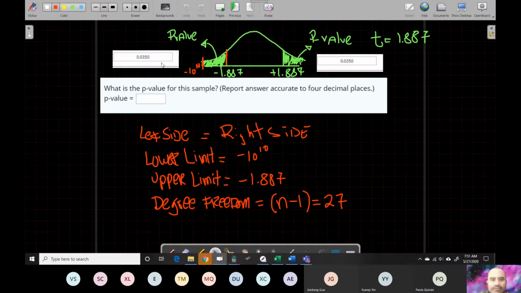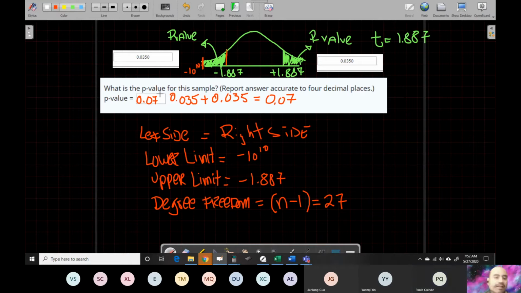So the p-value is basically the addition of those two values. So we have to put 0.035 times 2. So if you take this value here, 0.035 plus the other side, 0.035, that's going to give you 0.07. That's the answer there.